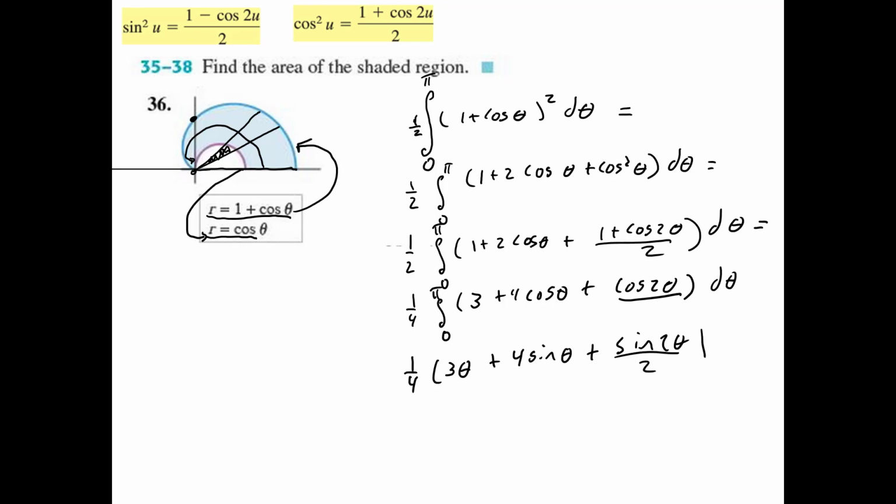And we're evaluating this from 0 to pi. When you put in pi, you get 3 pi, and these two become 0, because the sine of pi is 0 and the sine of 2 pi is 0. And when you put in 0, everything is 0. So the entire area is 3 pi over 4.